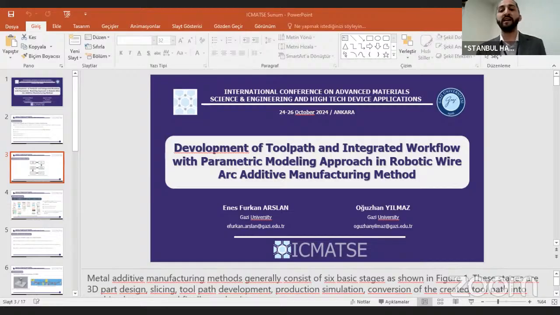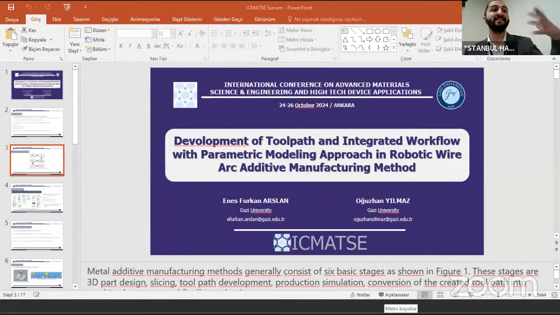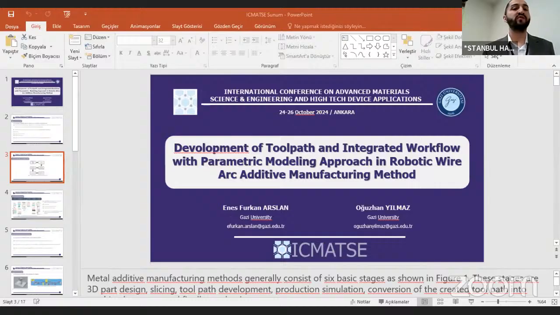Thanks to parametric modeling, changes made in the created model can be displayed instantly. Thus, flexibility is provided throughout the process, and users can instantly control every step of the model. Our workflow covers the entire process from 3D modeling to slicing, toolpath generation, and robot programming.